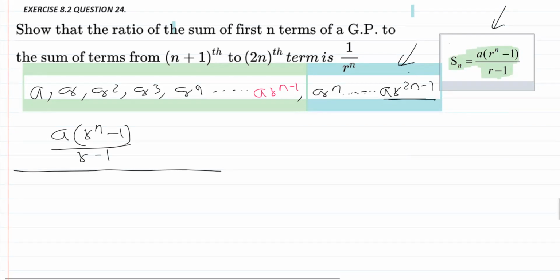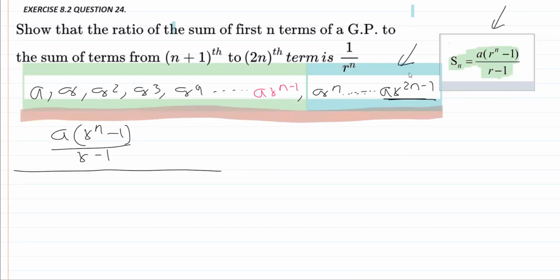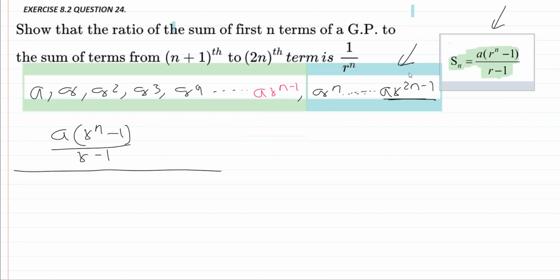So what we are going to do is find the sum of the terms from here to here, from which we'll subtract this sum. That will give us the sum of the terms from the n plus 1th term to the 2nth term.